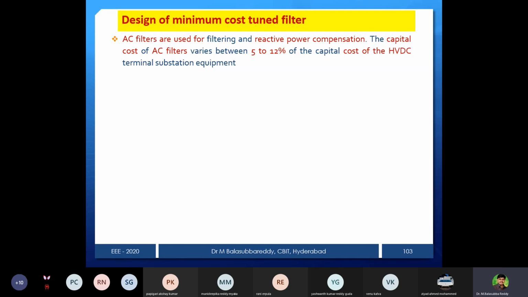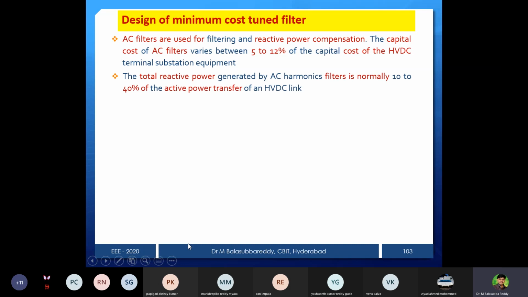The cost involved in a substation in terms of the filters, because not only one filter, many. I will show it at the end of this class. A substation may consist of many protective devices and also filters, and that will be up to 5 to 12% of the total substation cost.